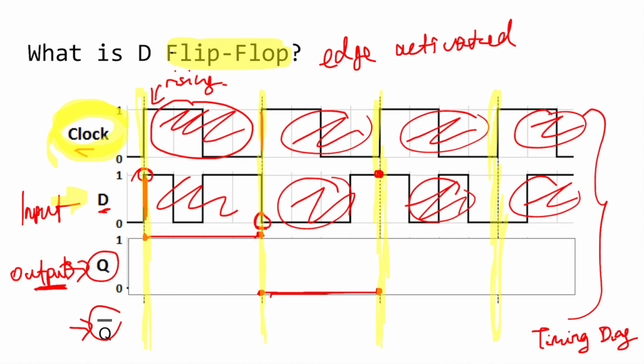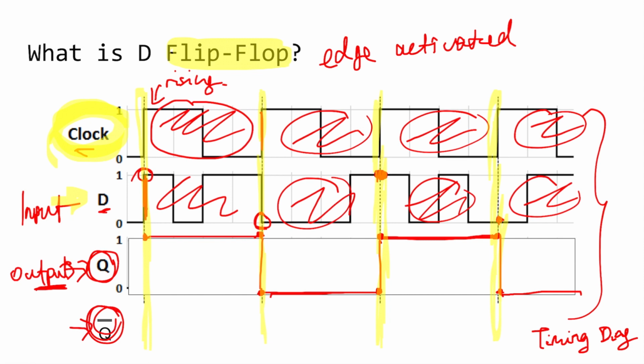So in the next rising edge, we're going to check the D again. So it's at 1. And we are going to draw a straight line over here until the next rising edge. Okay, so at this part, D is at 0. So this is how we draw the output of Q.